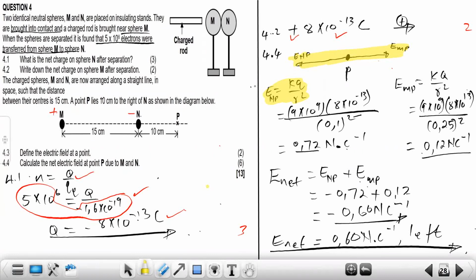I don't have a problem at all, and they will still accept it, but we'll give the final mark for the direction to the left of the E net. If you do it in multiple steps, I don't have a problem at all. It's even better if you do it that way, because when you substitute it here, it must be negative.